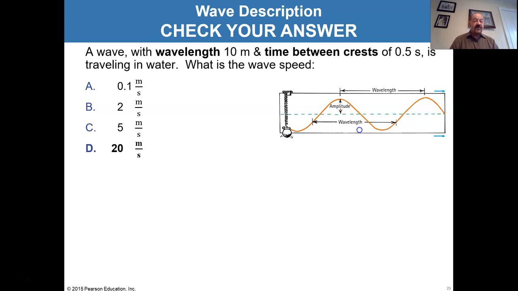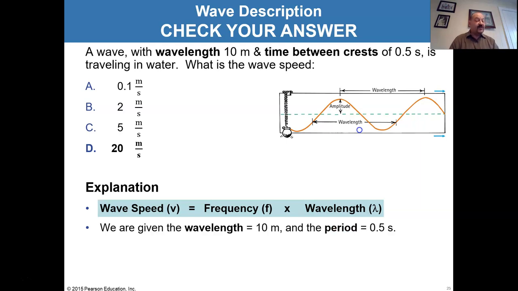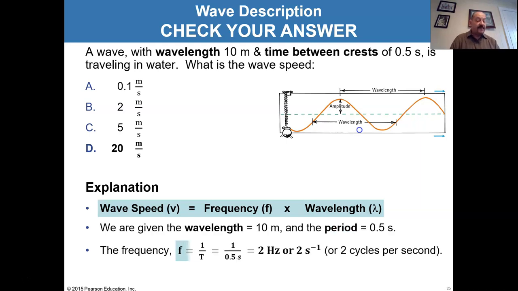So that's 2 hertz, 2 per second, and we can take the formula of wave speed equals frequency times wavelength. We're given the wavelength. We're given the period. We use the period to calculate the frequency by taking 1 divided by the period, 1 over 0.5 seconds equals 2 hertz, 2 per second. And now we have the wavelength and the frequency. We multiply them together, and we get 20 meters per second.